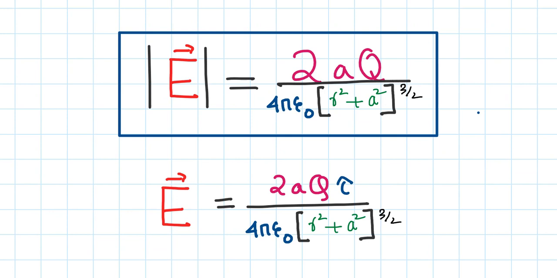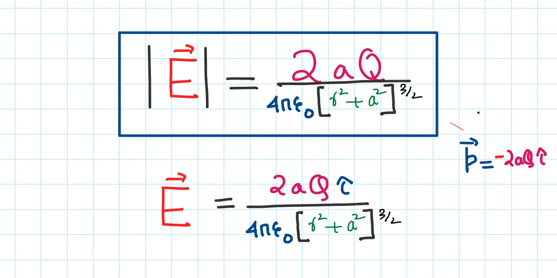There are no problems involved actually. One thing you need to remember is that the dipole moment vector P was equal to minus 2AQ i cap. So the term in the numerator lacks a minus.